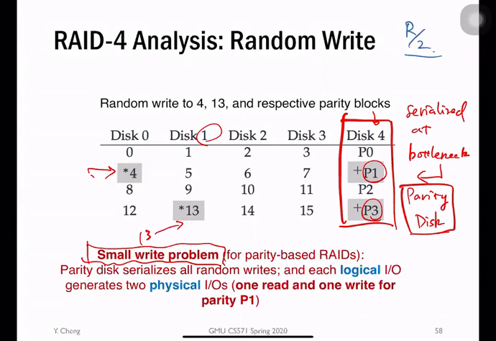The first physical operation is you read the parity chunk out. The second physical operation is you write the updated parity chunk from memory into the disk. So each logical I/O gets translated into two physical I/Os, one read and one write. That is why random write performance is really bad for RAID-4, which is R divided by 2. This is how the R divided by 2 result comes about.